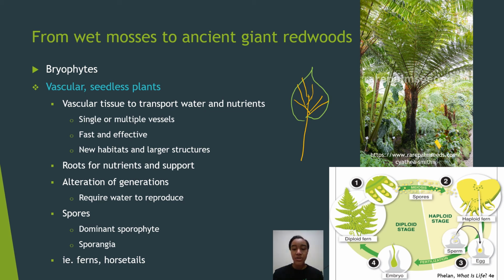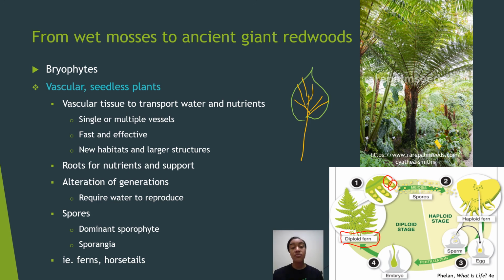So when you have a fern, you have your diploid fern, which you are familiar with if you've ever had a fern in your house, or you've been in the woods, or been to someone's house. And on the underside of the leaves commonly, but they can be located elsewhere, you'll have these spore packets. And those will get released, and these are haploid spores.